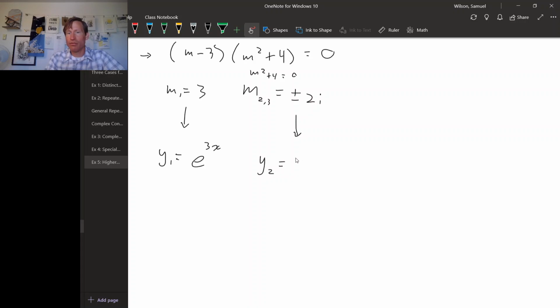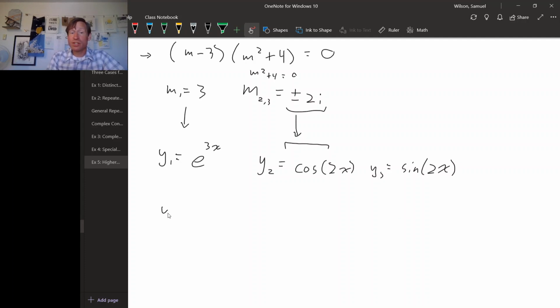And the form of how you turn the value for m into the appropriate solution is exactly the same. So this doesn't have a real part, so our exponential is e to the 0, so 1 times cosine 2x, and y sub 3 is sine 2x.